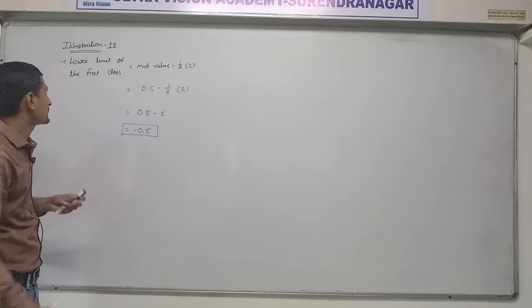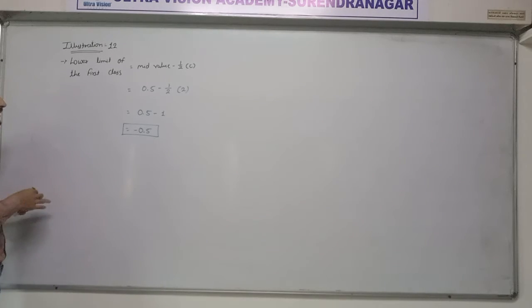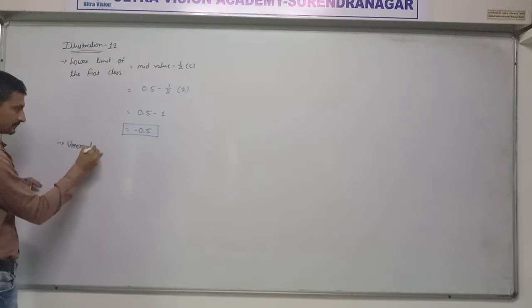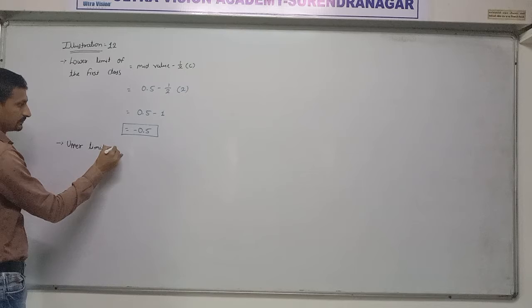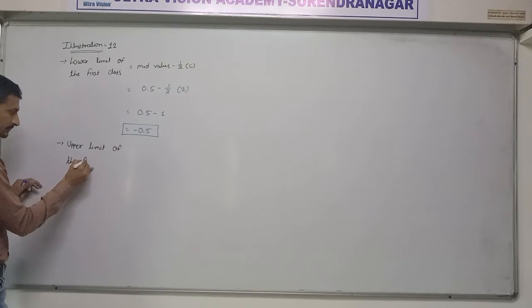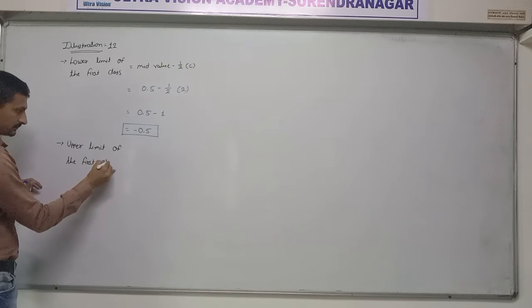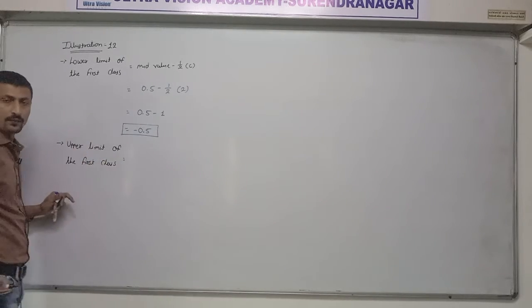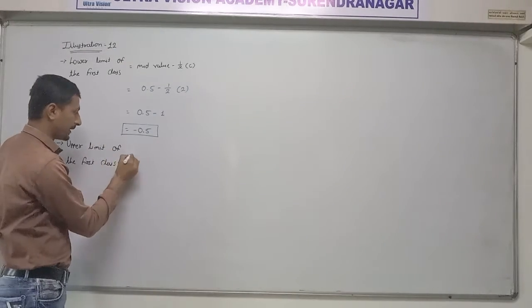Next, find out the upper limit of the first class. Simple: mid value plus 1 by 2 into class length.